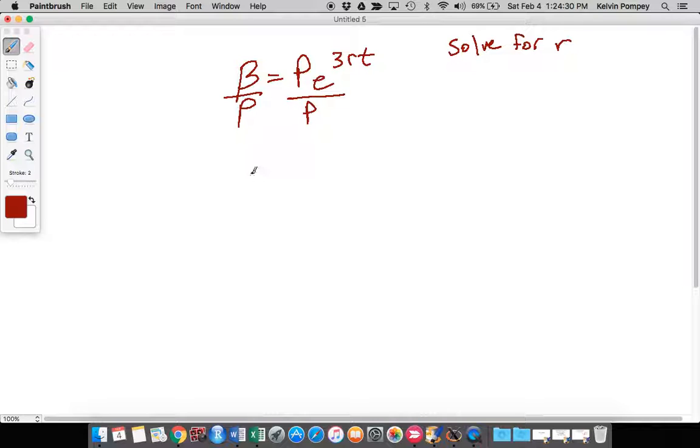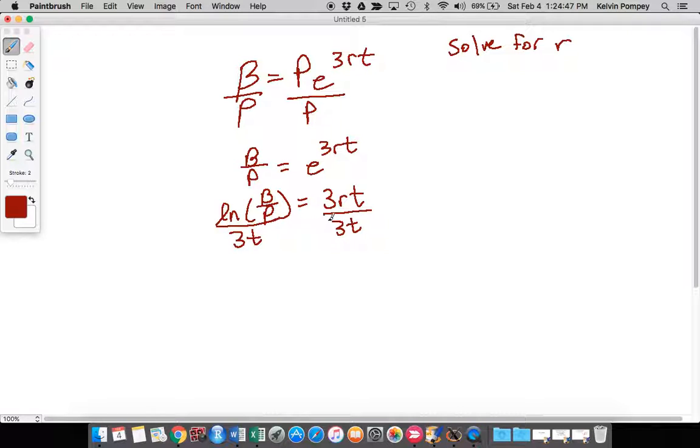I divide both sides by P. I get B over P equals e to the 3rt. I take the natural log of both sides. And of course, the natural log here will cancel that e, and I'll get 3rt. Divide both sides by 3t. And I'll get here that r equals the natural log of B over P, all over 3t.